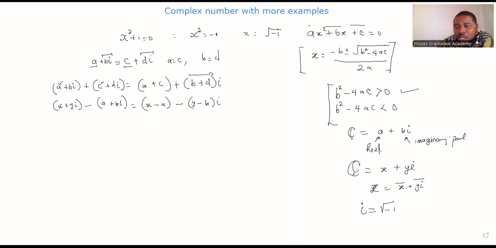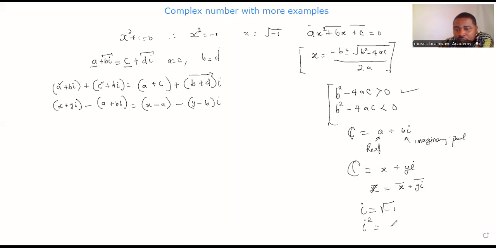Now, remember, when we talk about i here, it is equal to what? The square root of -1. So if I decide to square both sides, what am I going to get?